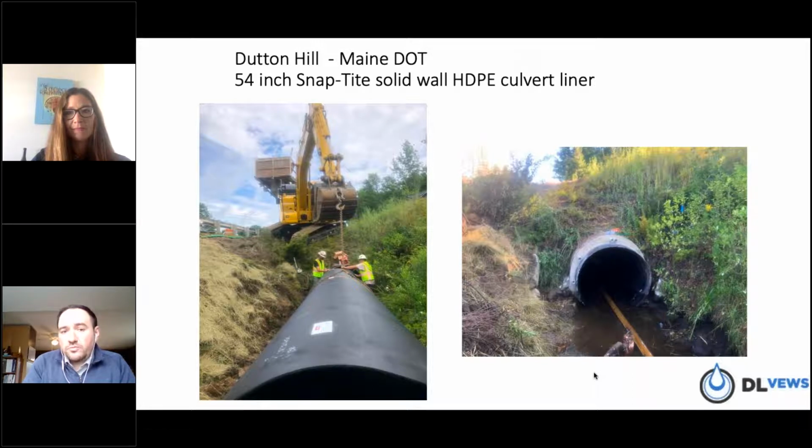And so in an effort to minimize disturbance, you also have the highway right off to the left side of the excavator there. So trying to remove this culvert would have been a pretty involved project, so they opted to line it. And then you can see in the right-hand picture the actual grout tubes at 12 o'clock, and some vent ports off to the left-hand side around 9 o'clock and maybe 7 o'clock. So that's the finished product right there.